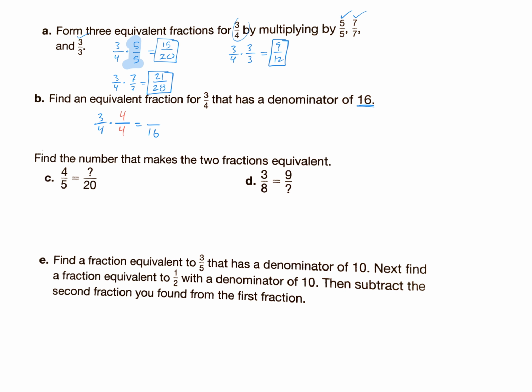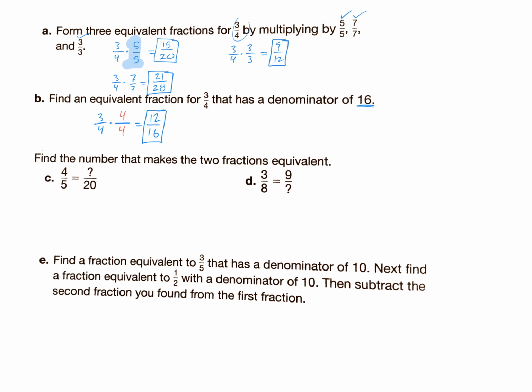I want this number to be 1, so it'll be the same, right? 4/4 is 1. So 4 times 4 gives me 16. If I multiply the top by the same thing, that'll give me the new numerator there. So 3 times 4 is 12. So 12 over 16 is an equivalent fraction to 3/4 and has a denominator of 16.